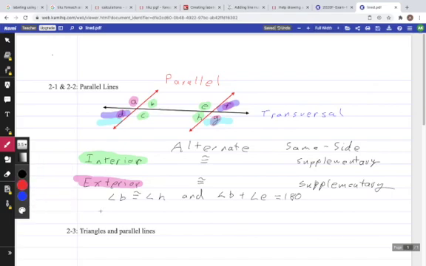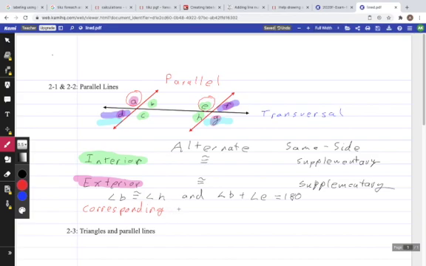There is one other type of angle that was not mentioned there, and that's corresponding. Now, corresponding angles, for example, A corresponds with E. They're in the same location relative to the transversal and parallel line.